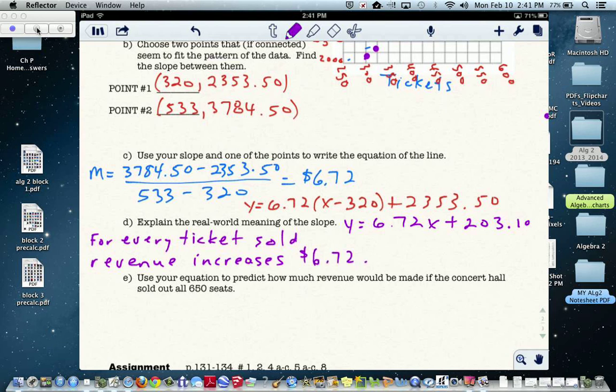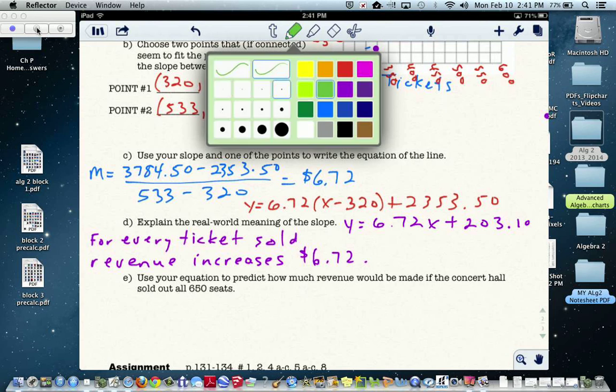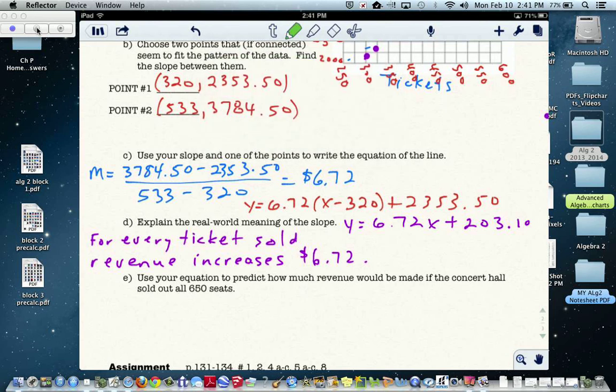And so finally, the last question they're asking us is, what's going to happen if we sell all 650 seats? I'm just going to plug it into the slope intercept form. So I can take my y equals 6.72, I can plug my 650 in for x, plus the 203.10.